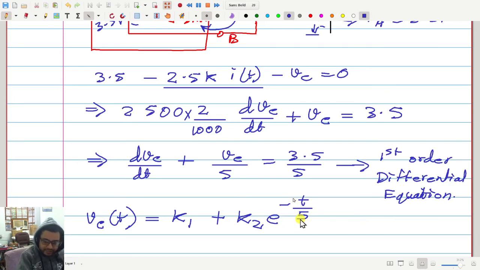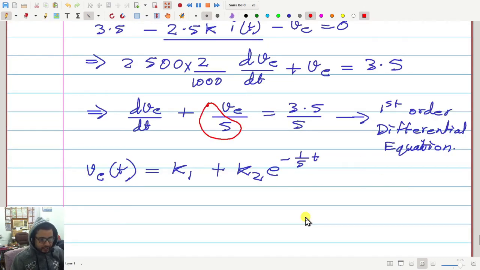Or you can also write it as e to the power minus 1 by 5 into t. Why 1 by 5? Because the coefficient of the second term is 1 by 5. This is what we saw in our last class.